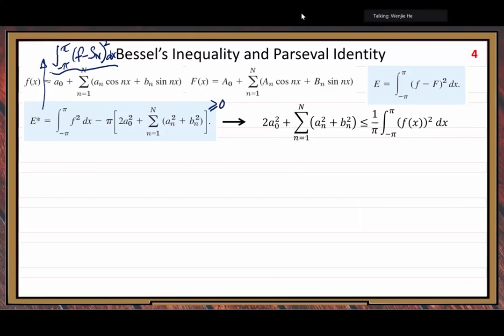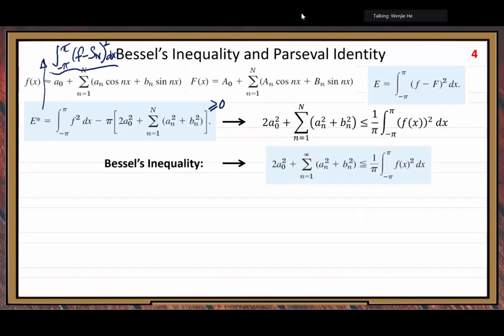Bessel's inequality, even at infinity, we have this. That's Bessel's inequality. But actually, this can be an identity.